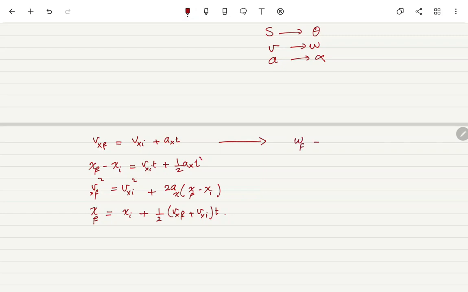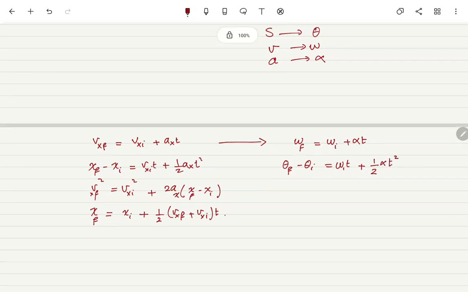So omega final equals omega initial plus alpha t, and this one here, theta final minus theta initial equals omega initial t plus half alpha t squared, and for this one here, omega final squared equals omega initial squared plus 2 alpha times theta final minus theta initial, and the last one here, theta final equals theta initial plus half omega initial plus omega final t.